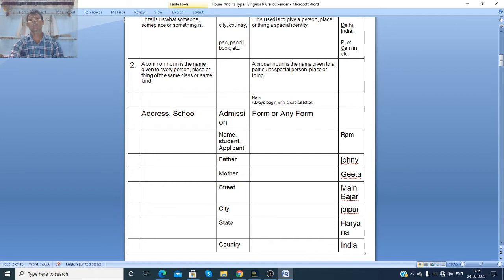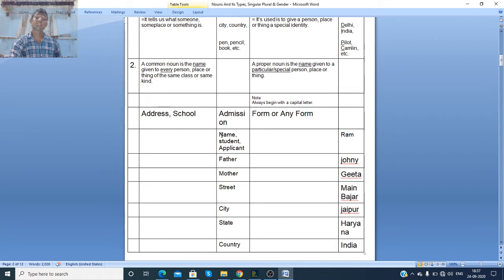So these are particular information of a person and place. This is information about a particular place, a particular person.